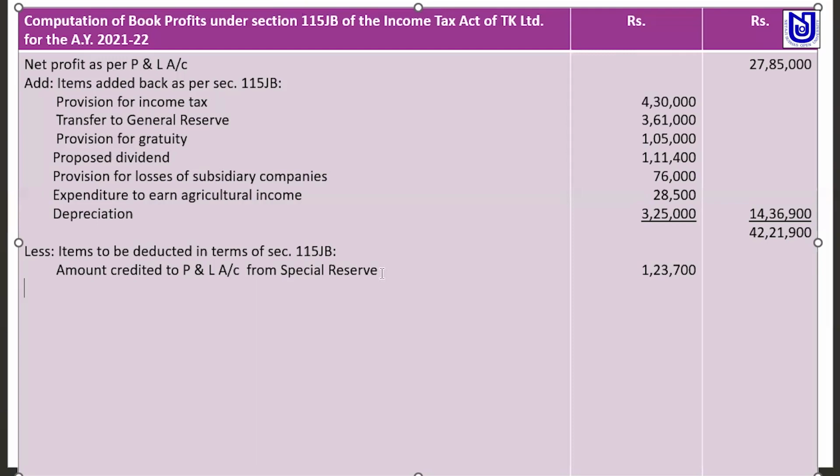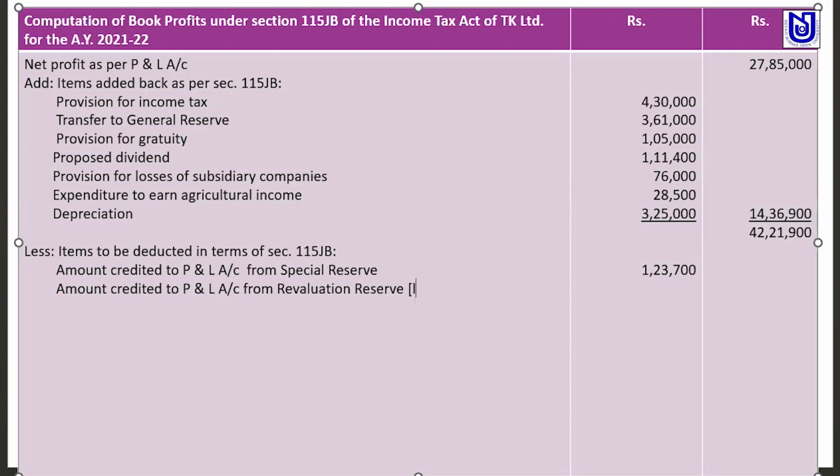So we will be considering 1,23,000. Writing this way, amount credited to profit and loss account from revaluation reserve, limited to the extent of depreciation on revaluation of asset.